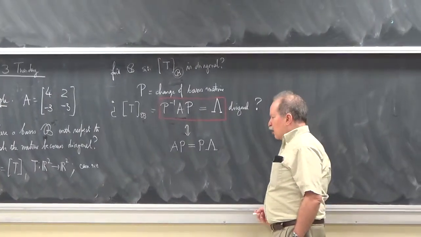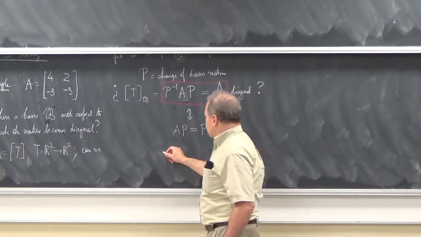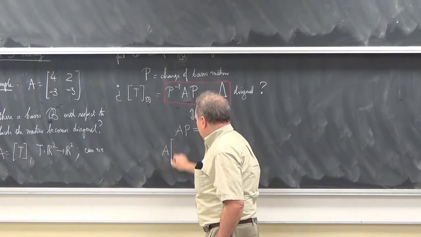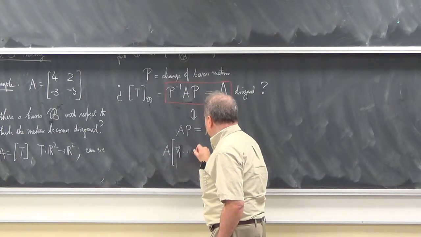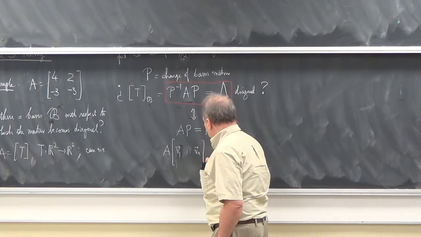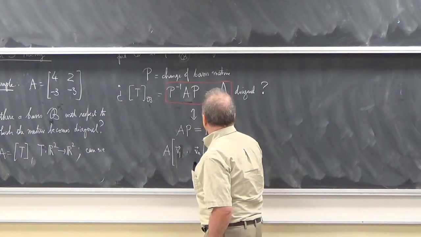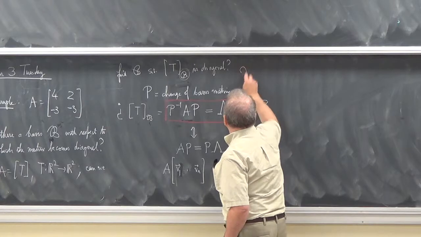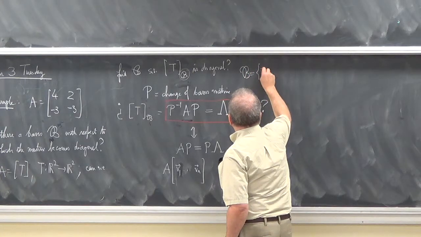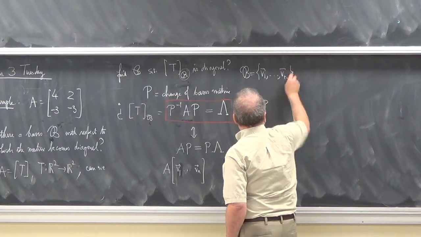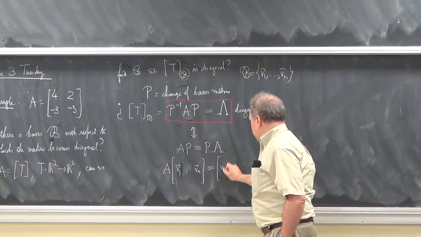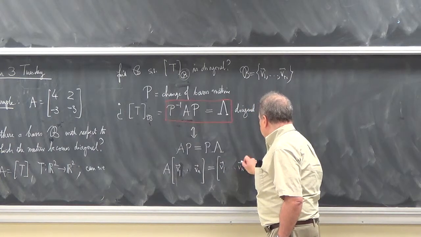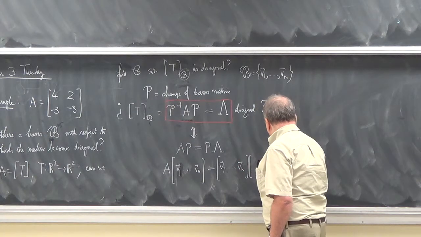So think about how we multiply two matrices. This is saying A times the matrix of, let's say the new vectors are v1 to vn. Let's say that's our new basis. Then the v's will be the columns of my change of basis matrix. And this is going to be the change of basis matrix times the diagonal matrix.